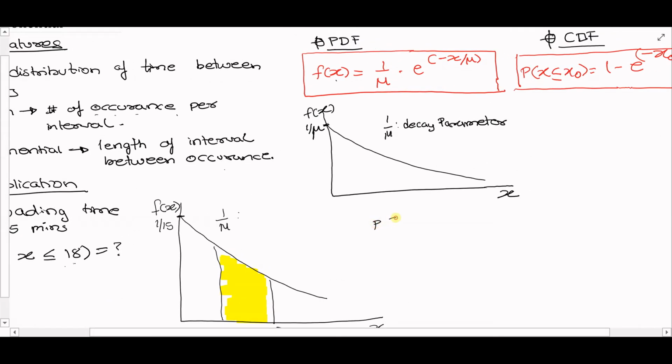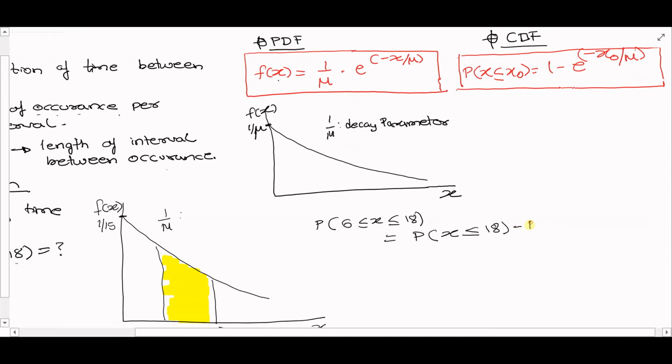So the probability that x takes a value between 6 and 18 is equal to the probability that x is less than or equal to 18 minutes minus the probability that x is less than or equal to 6 minutes.